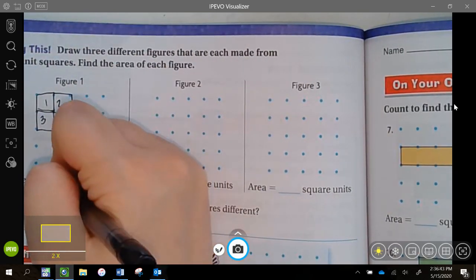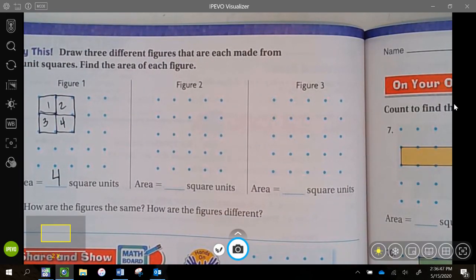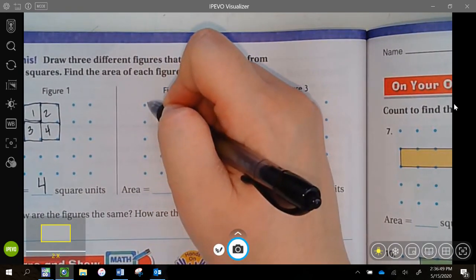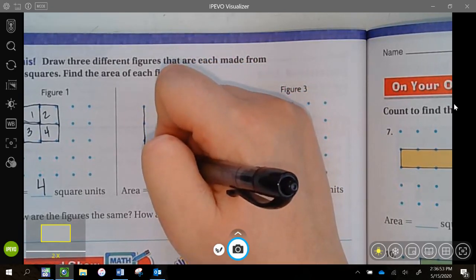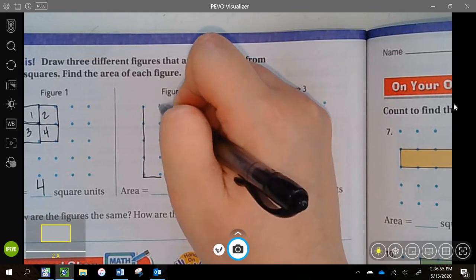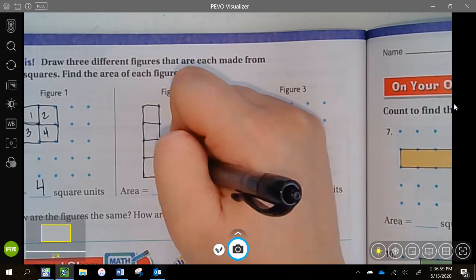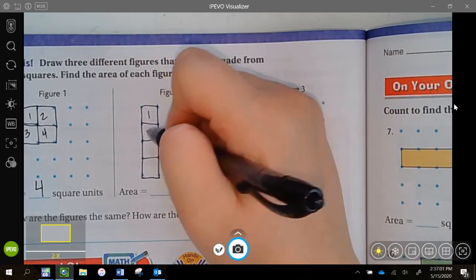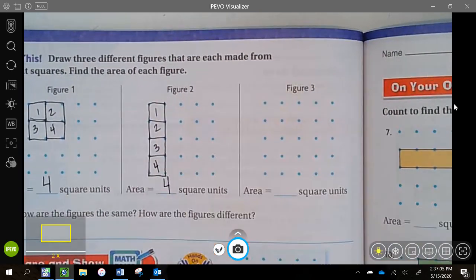So it's 4 square units. This time, I'm going to go all the way down. So it would be 1, 2, 3, 4. And separate each one of my squares so that we have 1, 2, 3, 4, which is 4 square units.